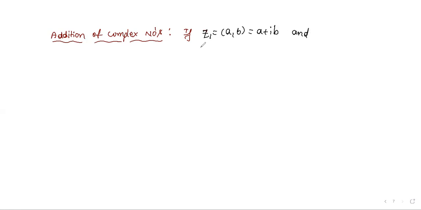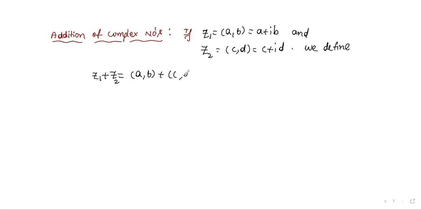And Z2 is another complex number, which can be written as c comma d, also as c plus id. For the two complex numbers we define addition, Z1 plus Z2, as the ordered pair a comma b plus the ordered pair c comma d. Therefore, this can be written as a plus c comma b plus d. This is a complex number.